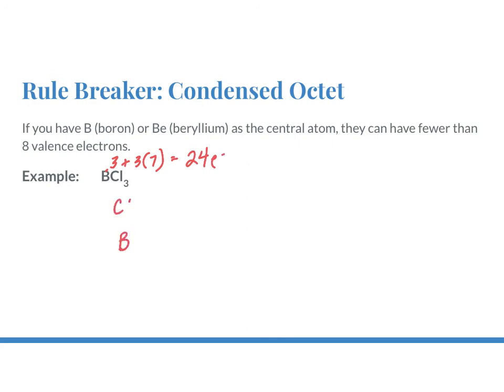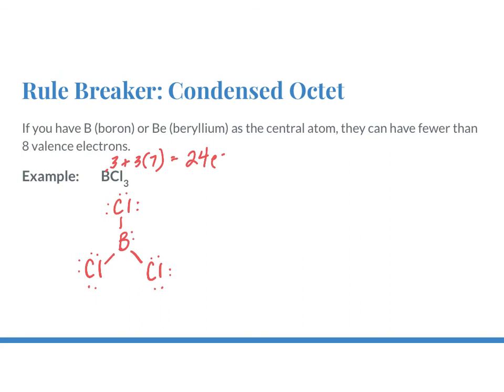I'm going to put my chlorines all around it. Draw my single bonds here, and then make everyone happy with their octet. So with chlorine, I have 2, 4, 6, 8, 10, 12, 14, 16, 18, and then all those chlorines are happy, but boron's not happy, so I'll add a lone pair there.